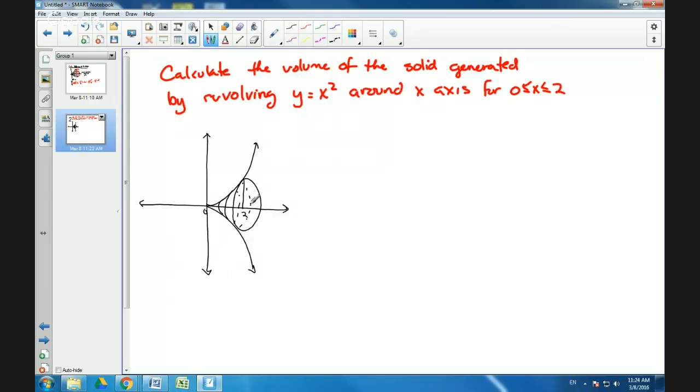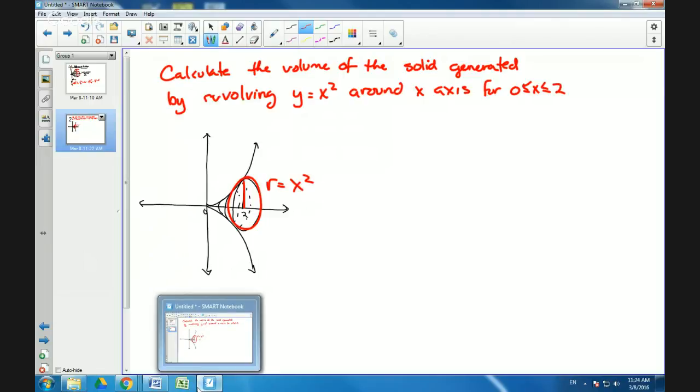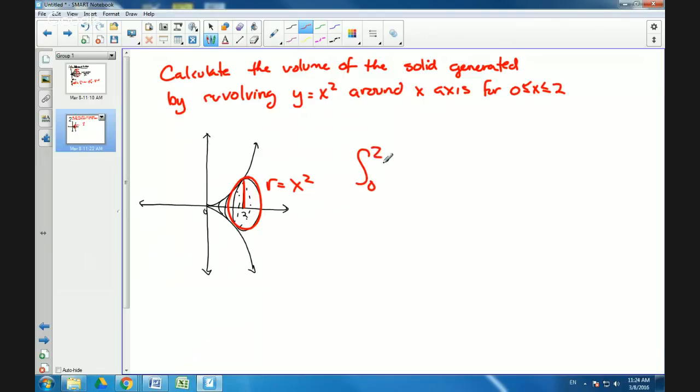Okay, so you gotta see the shape, but again, what do we have here? And the radius this time, it's just a different function. So what we find now, put the pi out here if you want. It's the same formula every time.